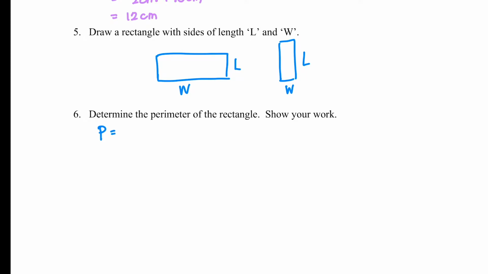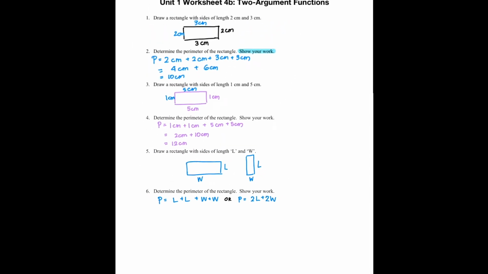We are going to put all the short sides together and all the long sides together. Now, some of you might have learned the perimeter formula of 2L plus 2W, and that's not wrong, so we can do that also. But when we get into Pyret, you have to choose one or the other. You can't put both formulas into Pyret.